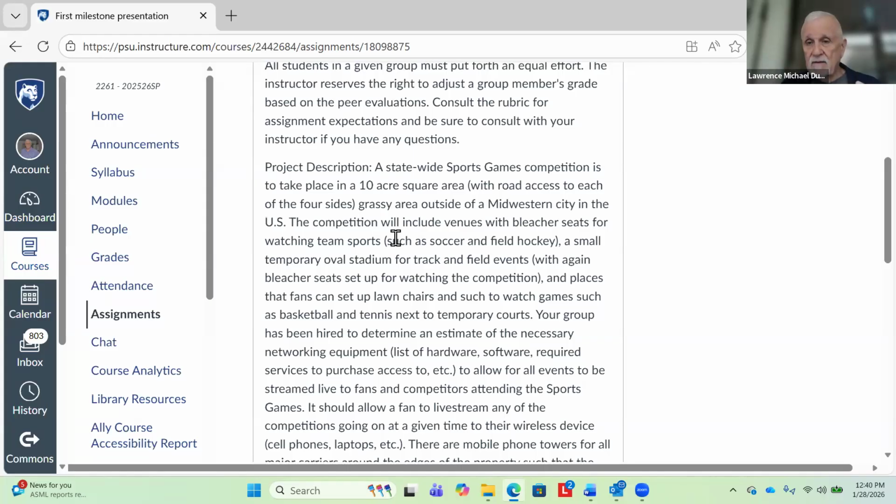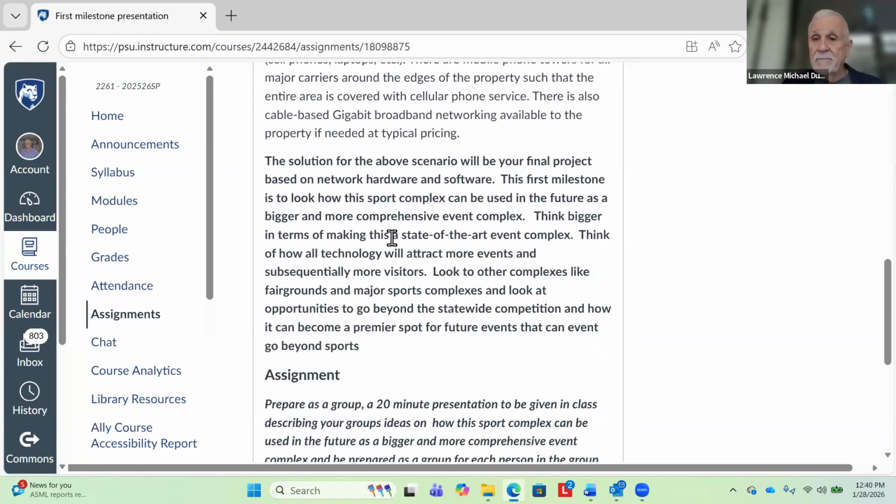Specifically, you're going to be looking at what the hardware and software are there. But what I'm doing now is more of a critical thinking type of thing. This solution is a scenario for your final project, in which you're going to be putting your technical information. But what I'm asking you to do is to start thinking critically.